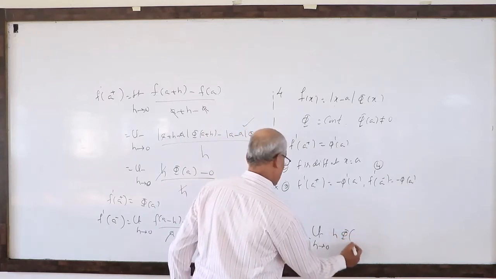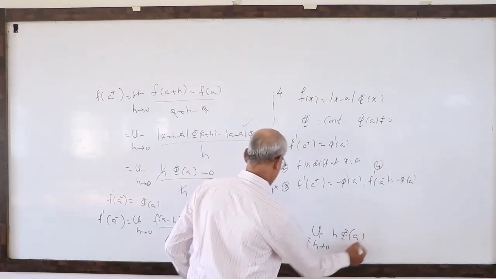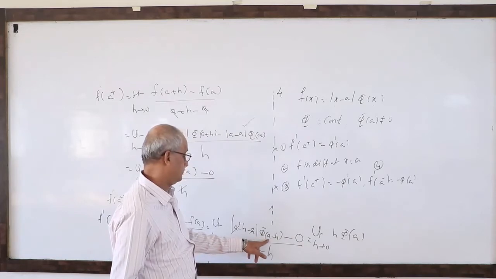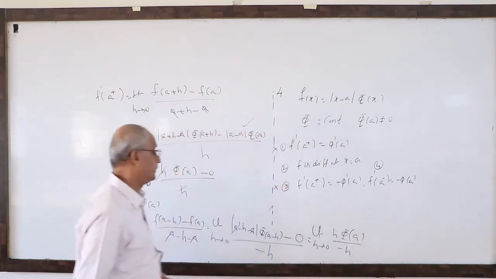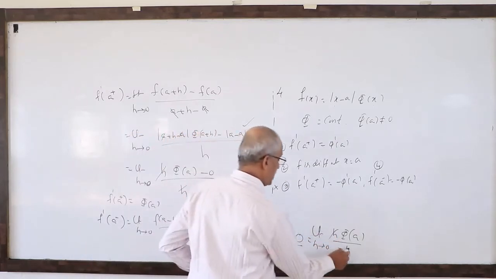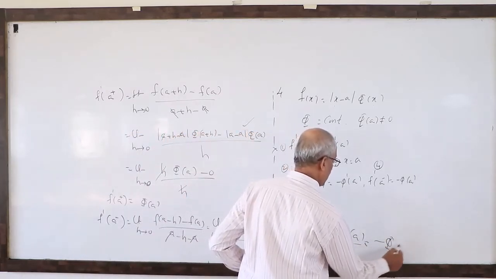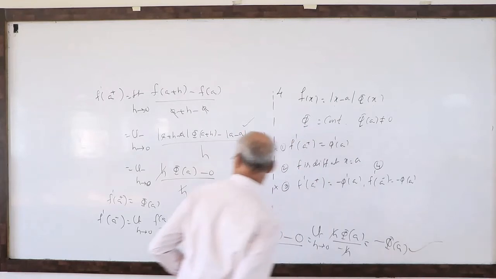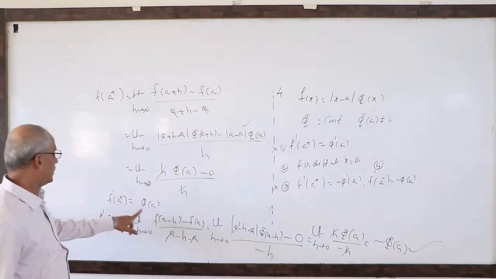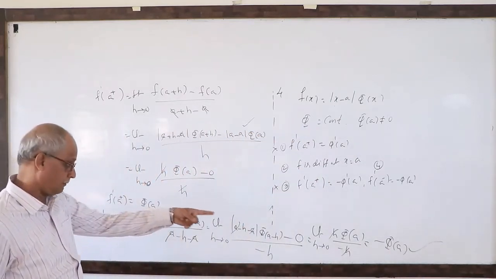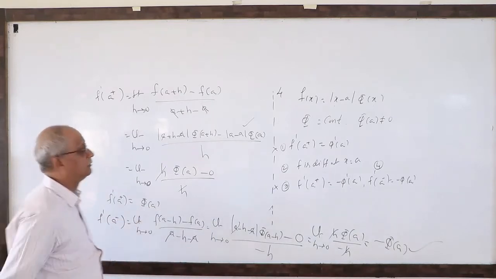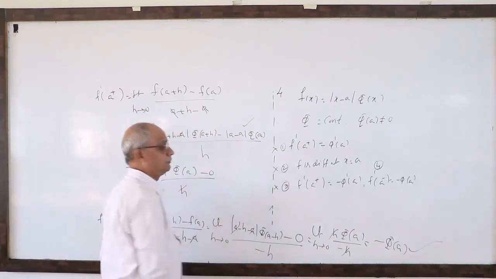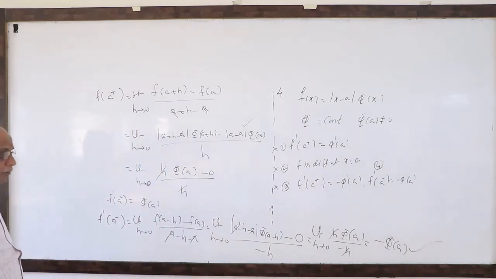Phi of a minus h by minus h. h also cancels. Answer finally minus phi of a. This is the answer. Right hand side plus, left hand side minus. Not equal. Not differentiable. This is also failed. Compulsorily the other option will be correct.